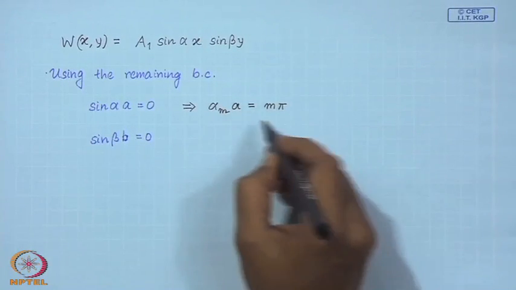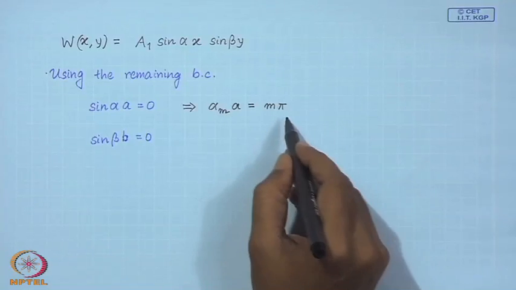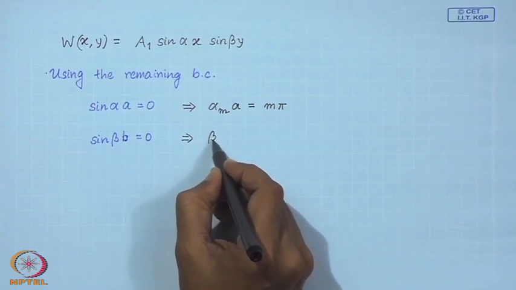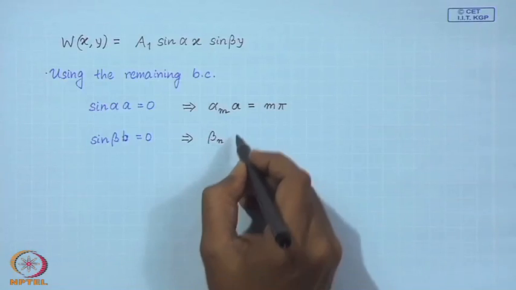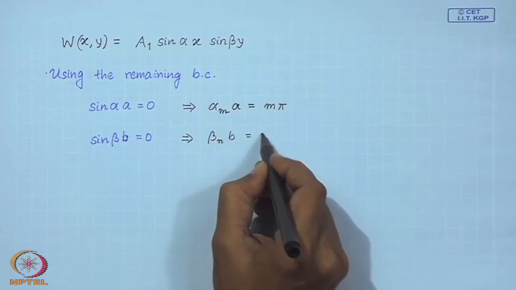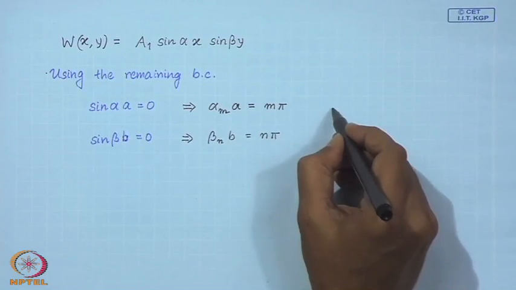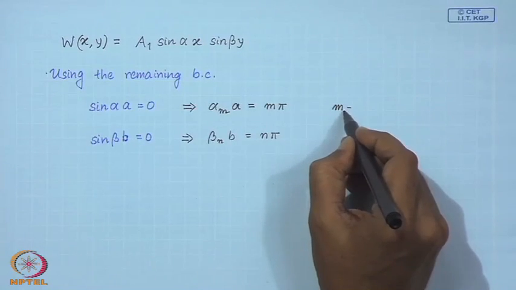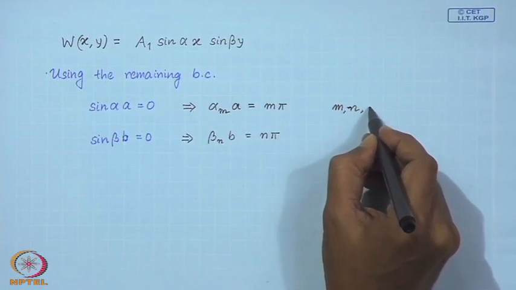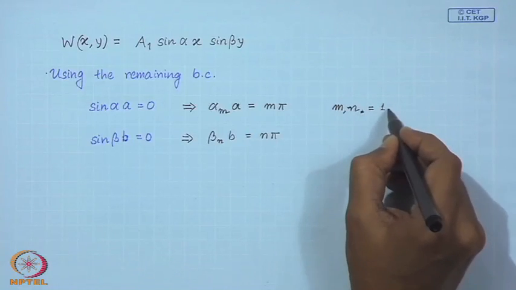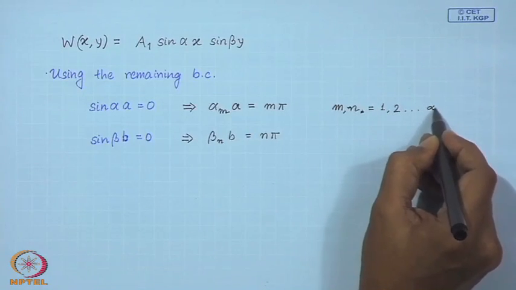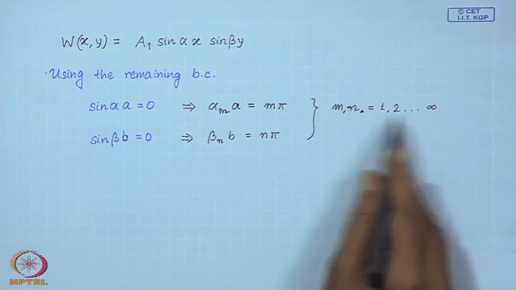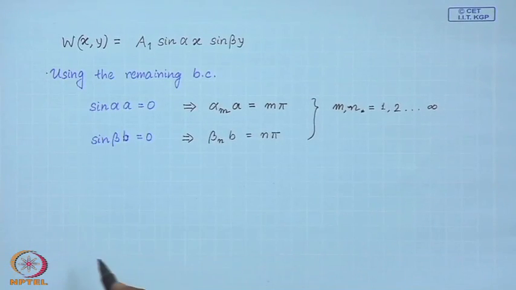So, alpha m times a must be equal to m pi, and from here another index, so m and n can have values from 1 to infinity.